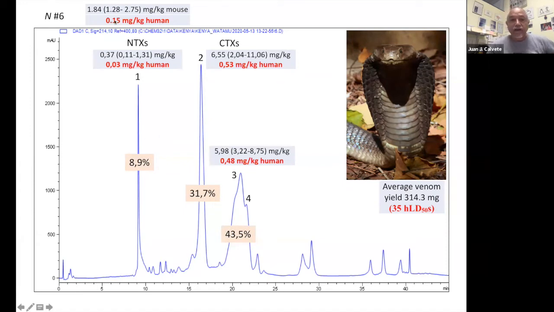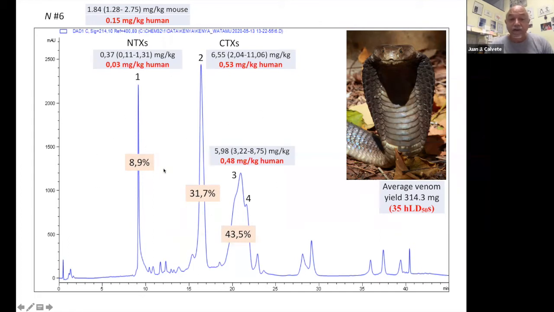So not only the LD50 for the whole venom, but also how you should, let's say, mix two sets of antivenoms, one against the neurotoxins, one against the cytotoxins, to neutralize the effects of a venom that contains both components.